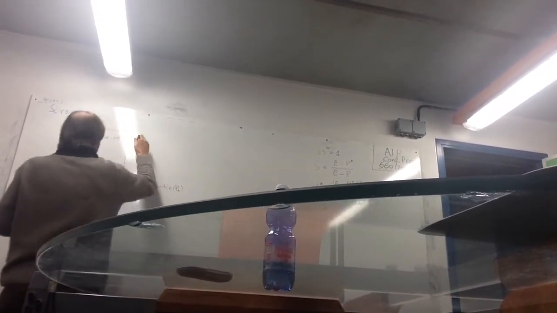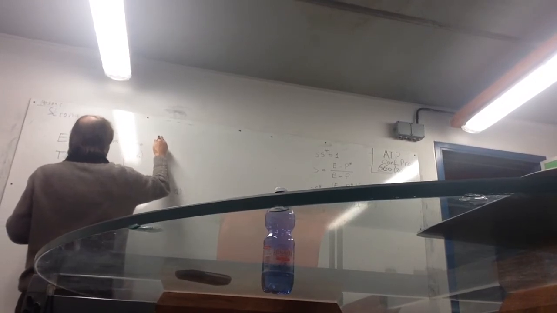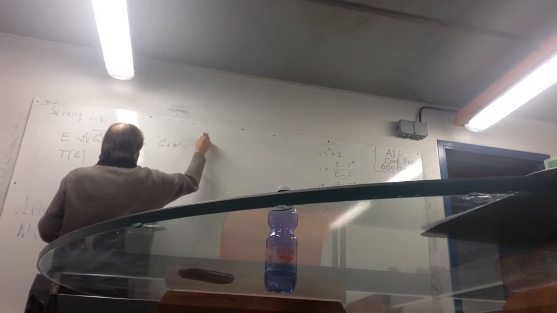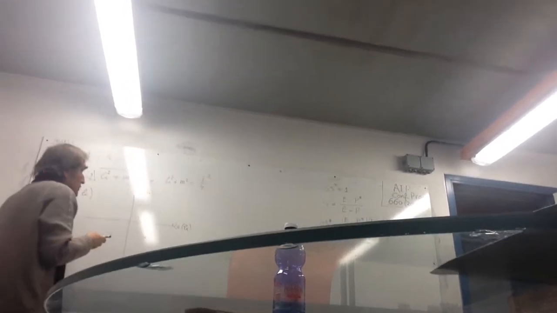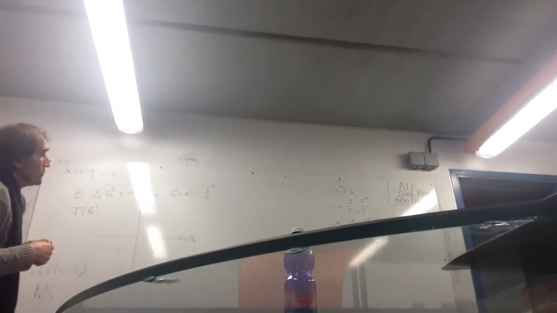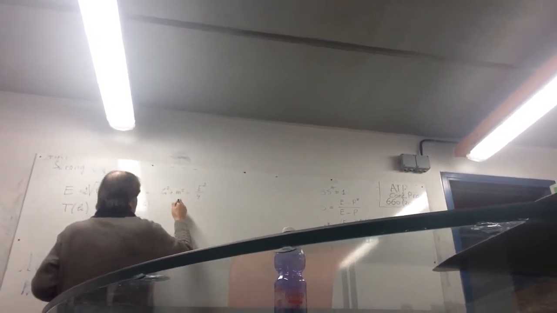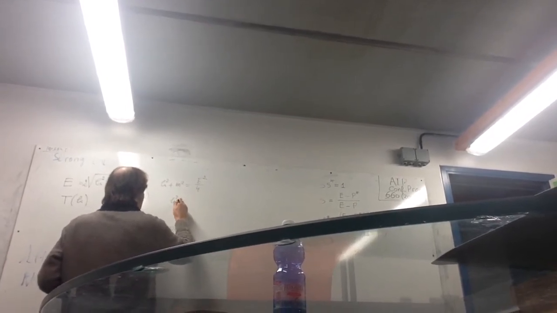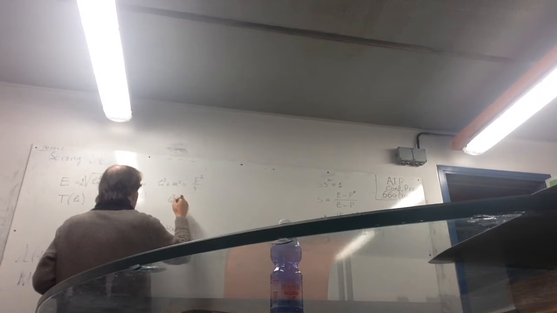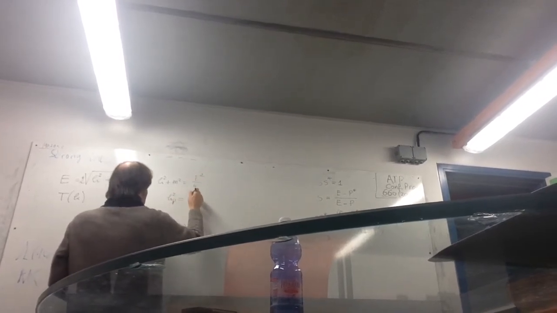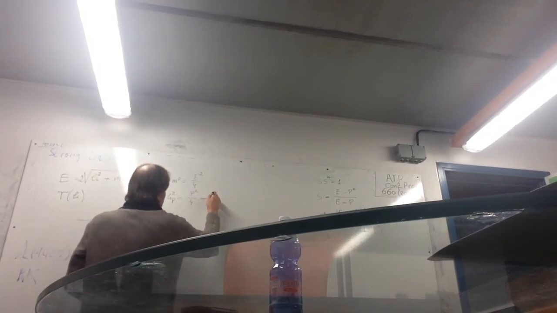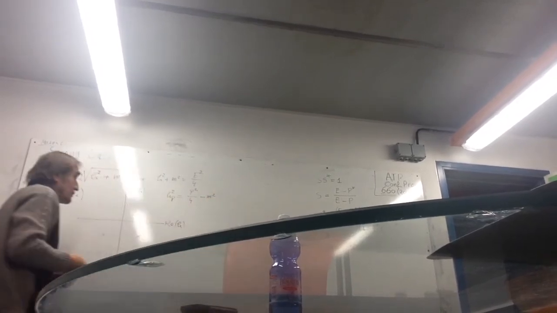So I get here something of the type K squared plus M squared equal to E squared over 4. So the poles in K are related to that by a square, so the pole in K, let's put it this way, is P squared over 4 minus M squared.